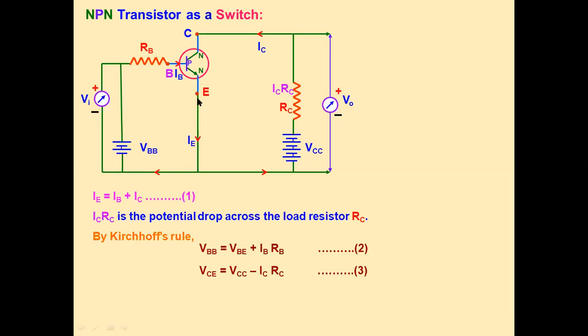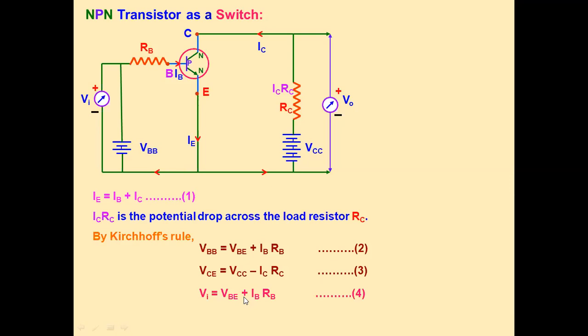In this way, the transistor acts as a switch: when current is not flowing through the transistor, it is off state, and when current is flowing through the transistor, it is on state. So this is transistor as a switch. According to Kirchhoff's current law and voltage law, we can write down the equation of current as well as the equation of voltage.